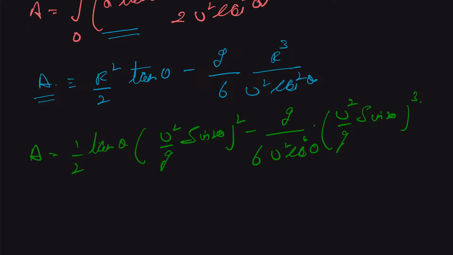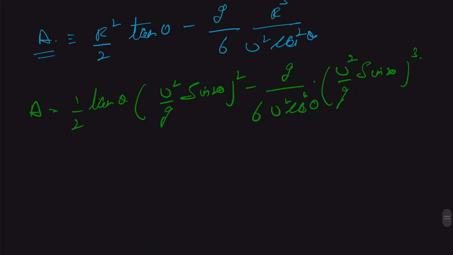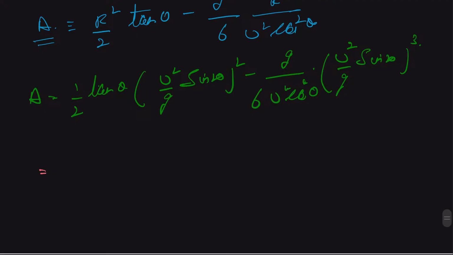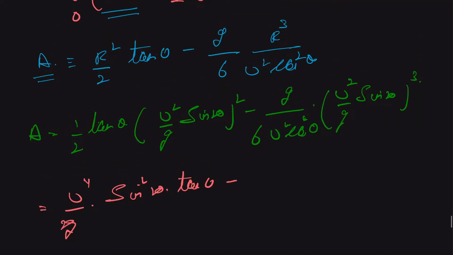And so we can just sort it out, and we get this as v raised to power 4 by 2g sine square 2 theta multiplied by tangent of theta, minus, so we are going to get v raised to power 6, and we have v square, so this will be giving us v4, and g square we can also cancel.